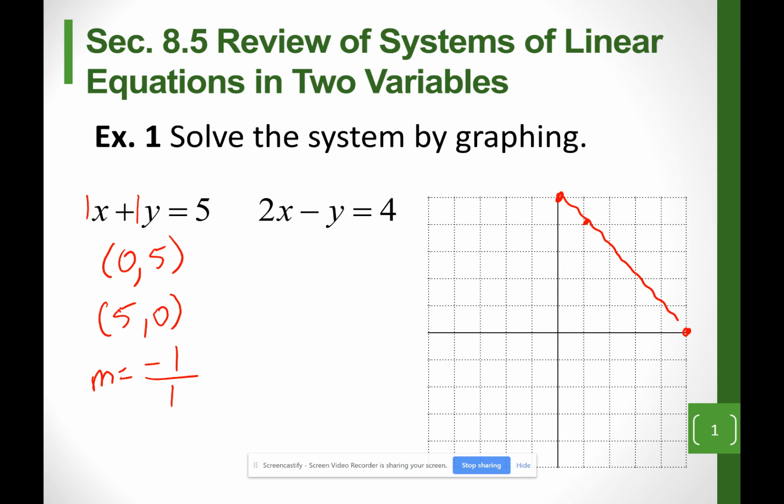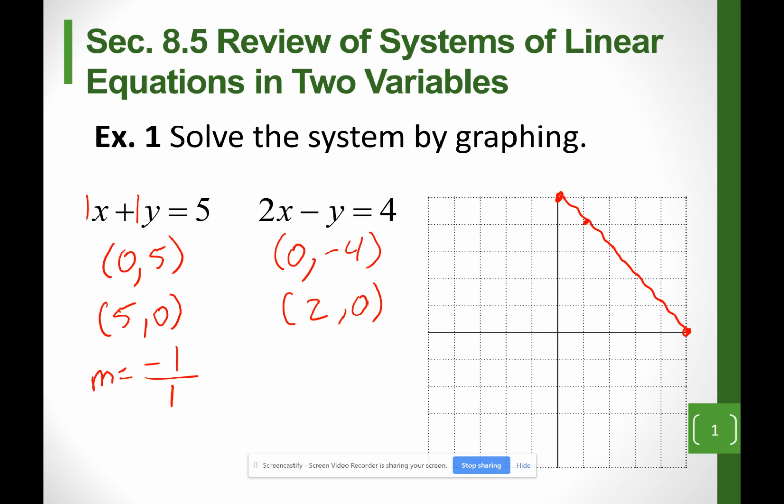Looking at my second equation, I'm going to get my points. If x equals 0, I cover my x term. Negative y equals 4, so y is equal to negative 4. That gives me a point. Then I ask myself, what if y equals 0? I cover the y term, and x in this case is 2. It gives me two points.